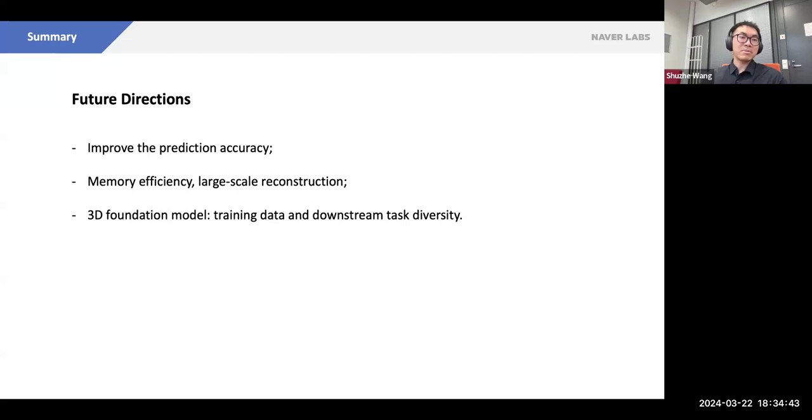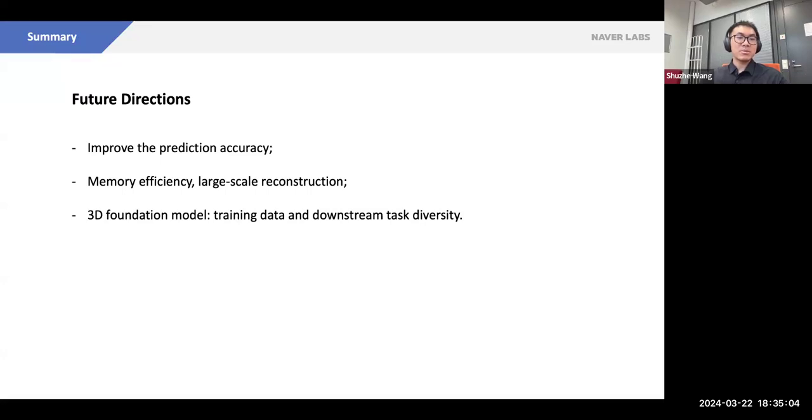Another problem is memory efficiency. At the current stage, for a single GPU with 12 gigabytes of memory, we can handle less than 20 images because of the global alignment.